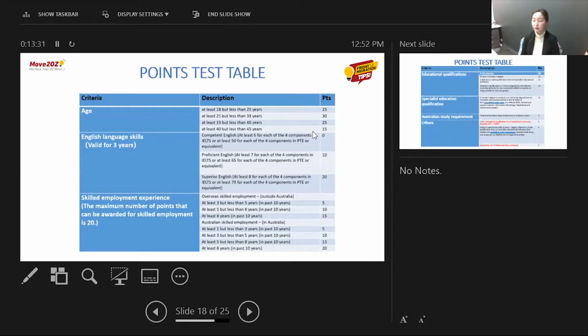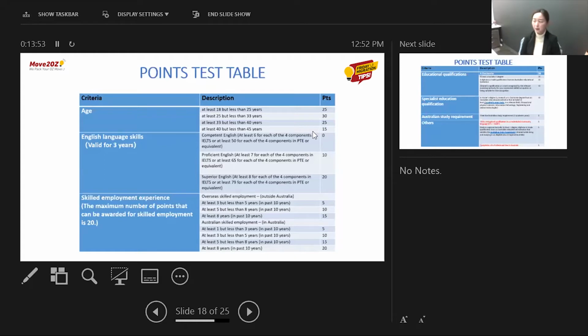But if you are working as an Uber driver, in a restaurant, or as a sales or marketing person, then it's not considered highly relevant if your nominated occupation is business analyst. In this case, your work experience cannot be calculated toward the points test.